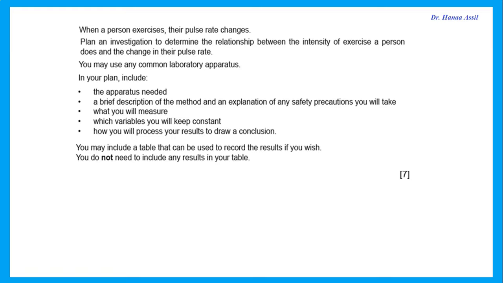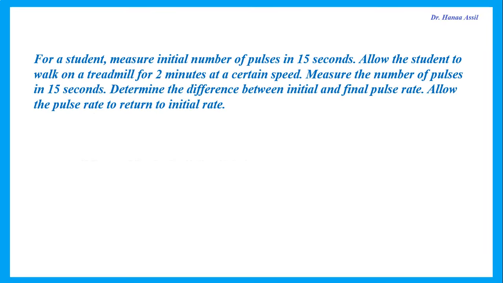In your plan, include the apparatus, description of methods, safety precautions, what you will measure, which variables you will keep constant, how you will process your results. You may include a table. You don't need to include any results in the table. So let's see. So we're trying to determine the effect of intensity of the exercise on the pulse rate.